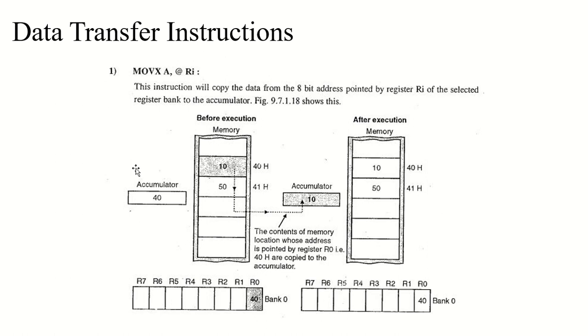Again, on the left hand side you will have the destination byte, on the right hand side you will have the source byte. The algorithm is again that the content of the destination byte and source byte will remain the same, and the MOVX instruction will transfer the data between the accumulator and a byte of external data memory.